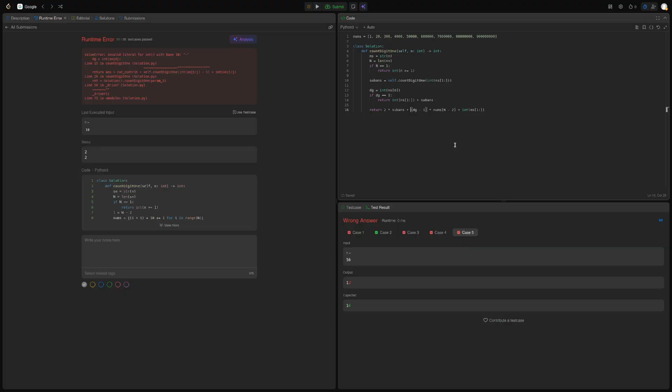And then finally there should be, so that should be like 10 to the power of n minus 1. Okay, so this one worked. What about 10?